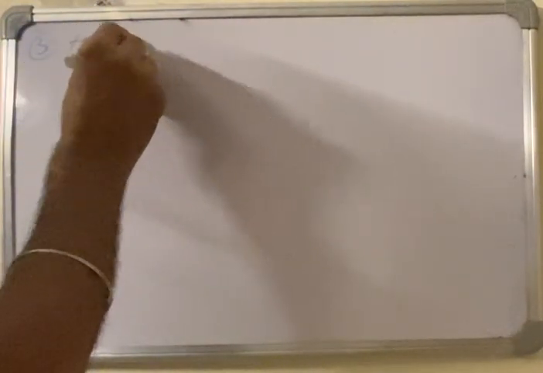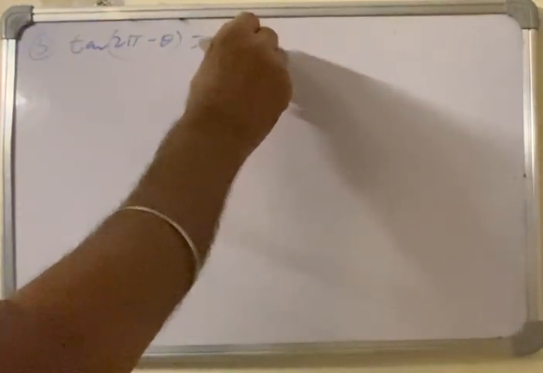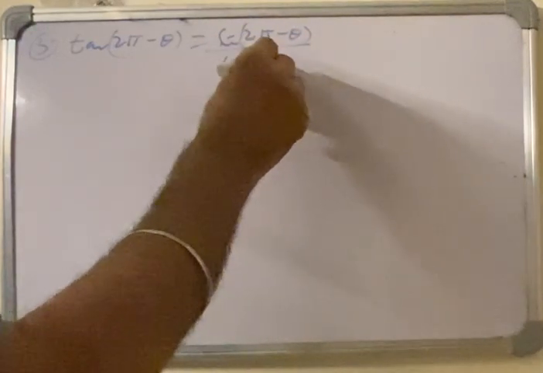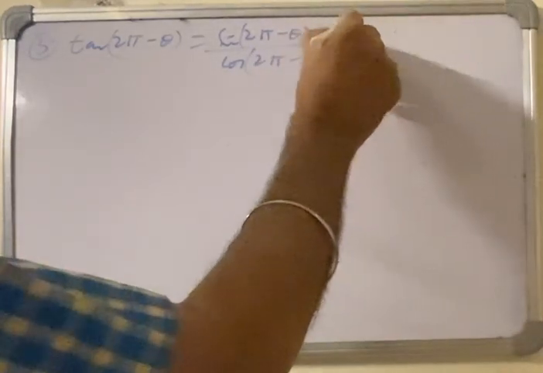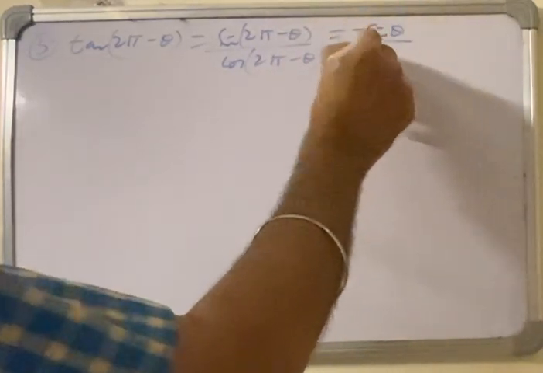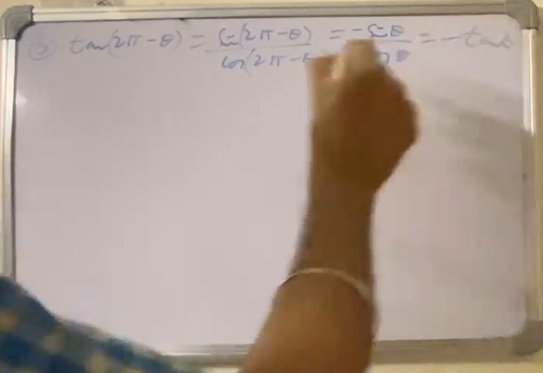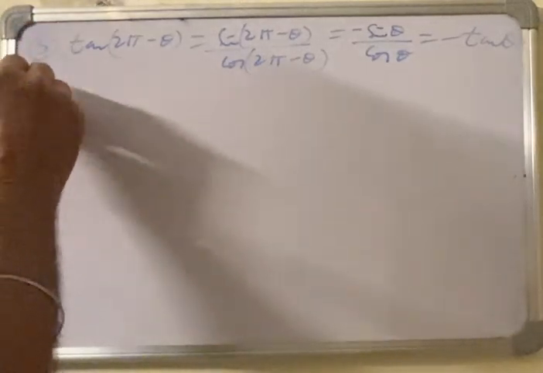Then third, tan 2 pi minus theta is equal to sine 2 pi minus theta over cos 2 pi minus theta. It is minus sine theta over plus cos theta. It is minus tan theta. So tan remains same, does not change, but it is negative in fourth quadrant.